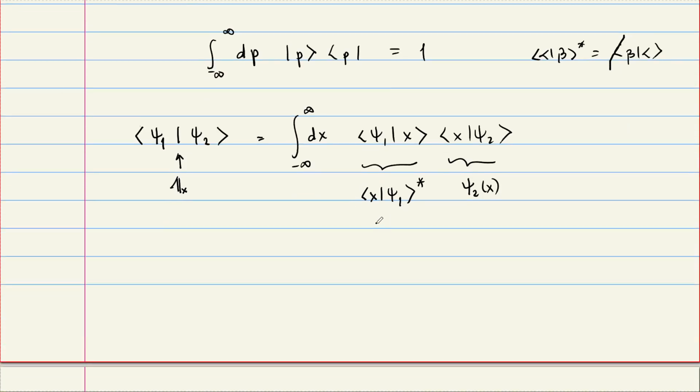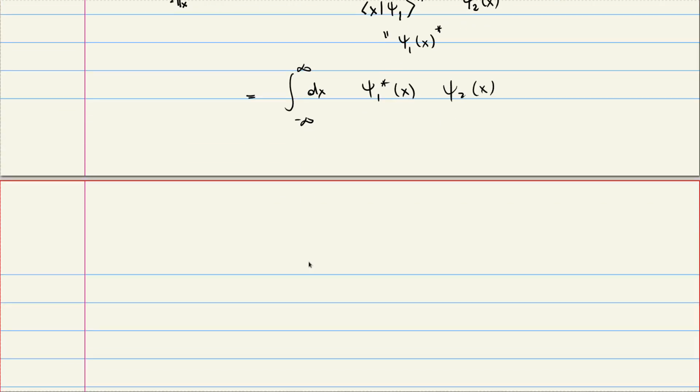Then this is psi 1 of x star. Therefore, this object is the integral dx psi 1 star of x, psi 2 of x. That's the inner product we defined in the Hilbert space. Good.